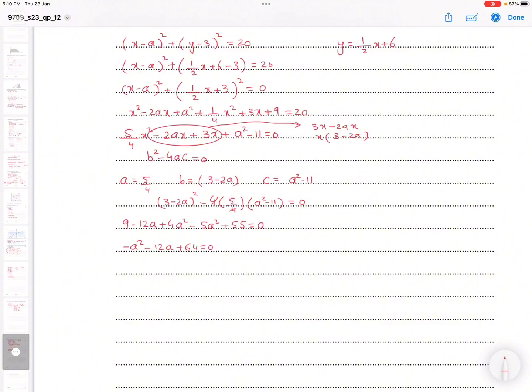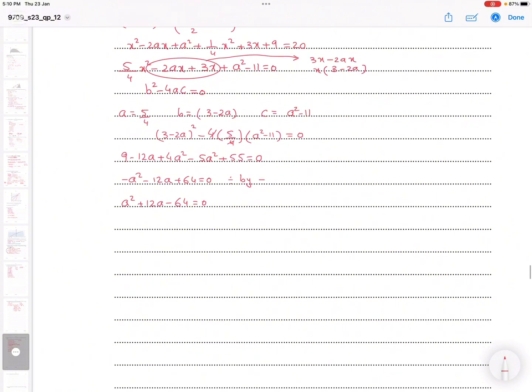So divide by negative, you will get a square plus 12a minus 64 equals 0. Again, we have got the quadratic equation, so by factorizing it, we will get (a plus 16)(a minus 4).